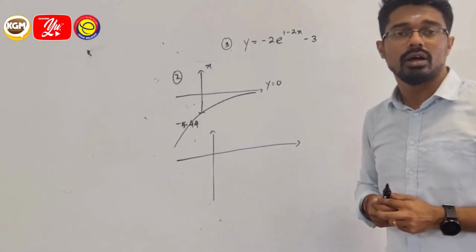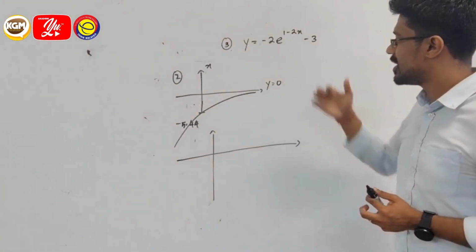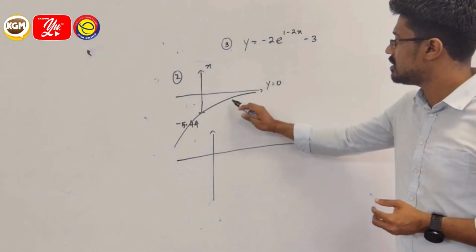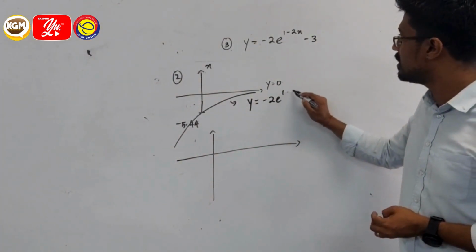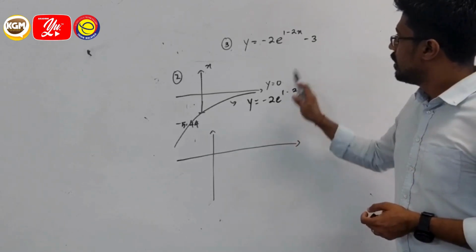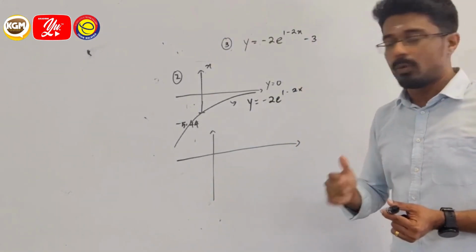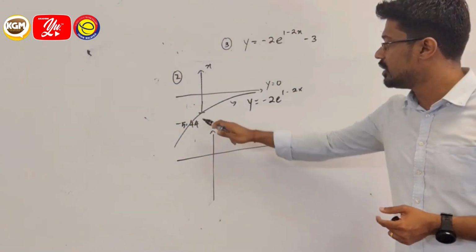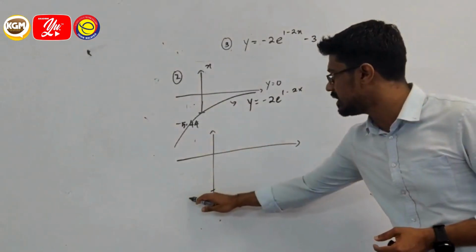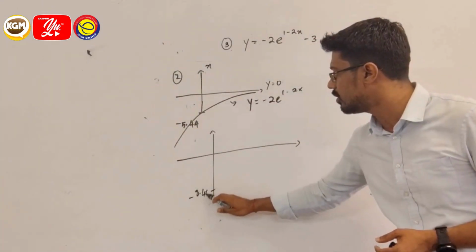Alright guys, now it's about putting our final touch in order to get our final graph. As you can see, this is the graph for y equals negative 2e^(1 minus 2x). The effect of doing minus 3 is that you pull the graph downwards by 3 units. So the new y-intercept is going to be negative 8.44.